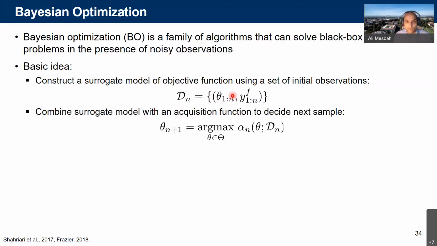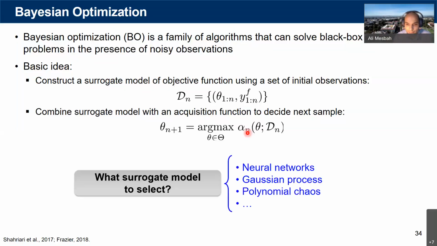And then we combine this surrogate model with some acquisition function. This acquisition function really informs how we generate data. Here, this acquisition function, denoted by alpha, essentially should provide some measure of expected improvement as we march forward.